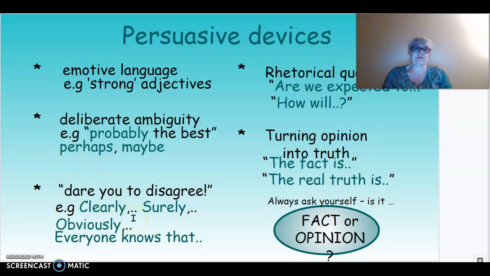Obviously, everybody knows that. All right? And then turning your opinion into truth: the fact is, the real truth is, okay? Or rhetorical questions. We've talked about using questions before. Are we expected to, or how will. You can open your piece with a rhetorical question. Did you know that? And you can use those as well.